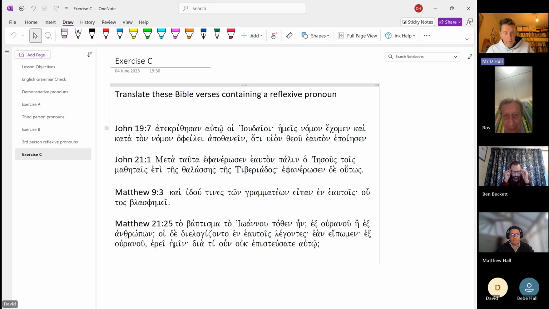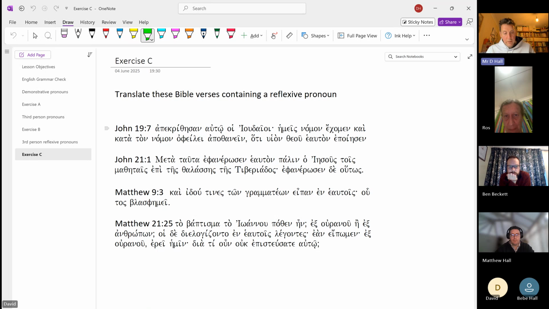Okay, so I don't know how many of these words we can translate just at this stage. So we've got apekrithesan, which means to answer. So we're cutting into John 19 verse 7 here.